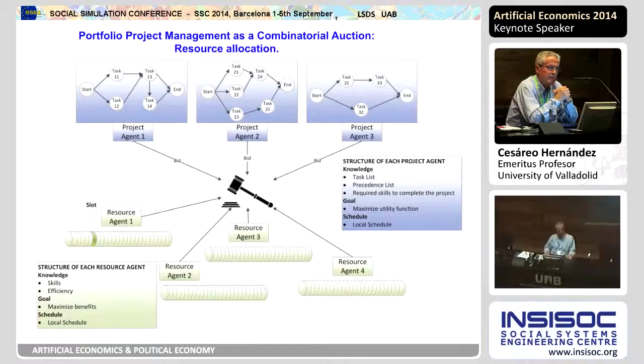We are now, for instance, in the institute, using socially inspired methods exported from this kind of experiments, auctions, to portfolio project management. A project is NP hard, but a portfolio of projects is NP hard elevated to the NP hard, right?